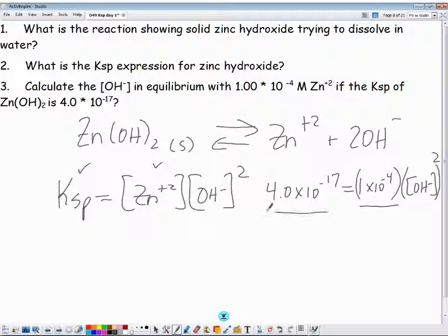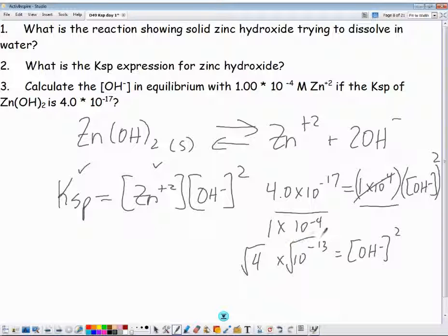All right, so divide both sides by 1 times 10 to the minus 4. I don't want a calculator. What's 4 divided by 1? 4. All right, what is 10 to the negative 17 minus a negative 4? Negative 13. That equals hydroxide ion squared. Take the square root of both sides.